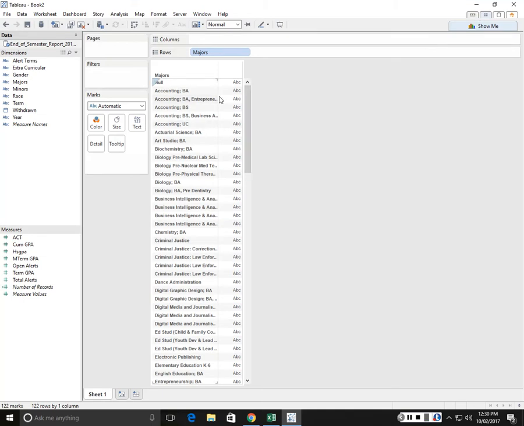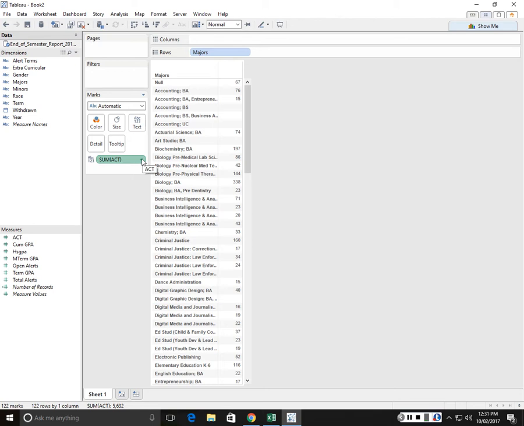Then we can go down here to measurements that Tableau recognized as typical statistical measurements. If we wanted to look at ACTs of all these students, we drag it up here. Of course, you've got to be careful with Tableau, because it's going to sum it.